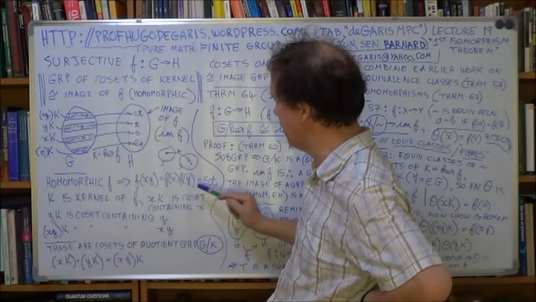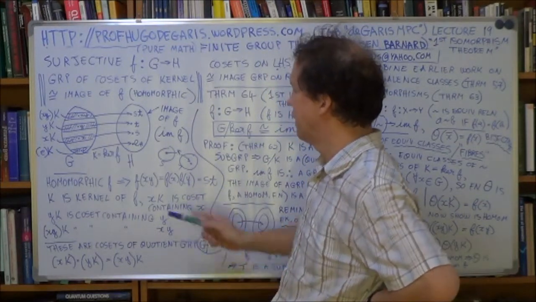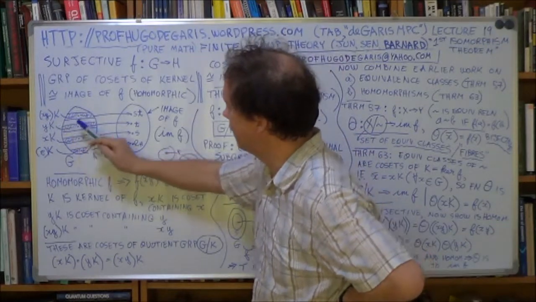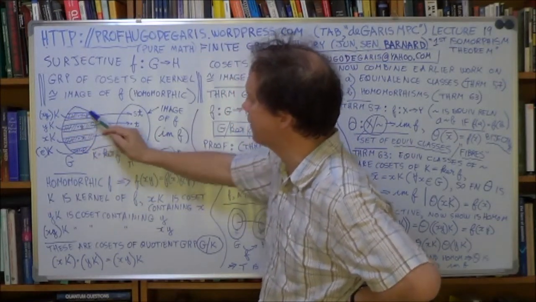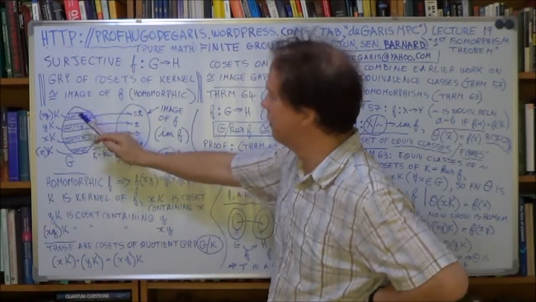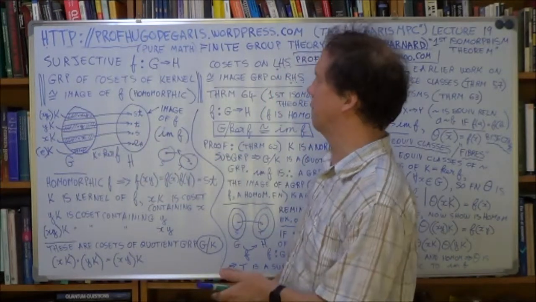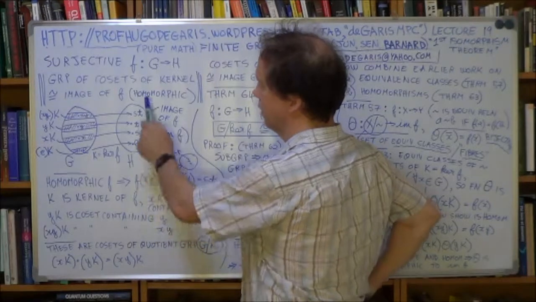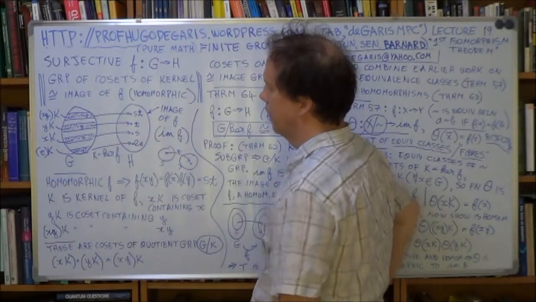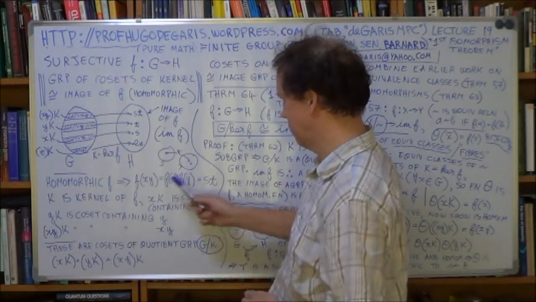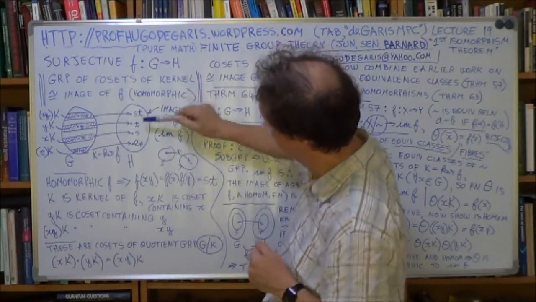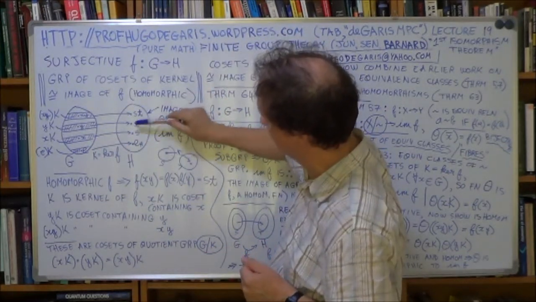So f(x) f(y) is st. So f of xy maps to st. So this point here in this coset xy, it will map to st. And that's a consequence, that this xy maps to st, which is the product of these.